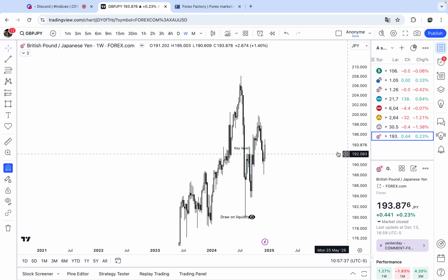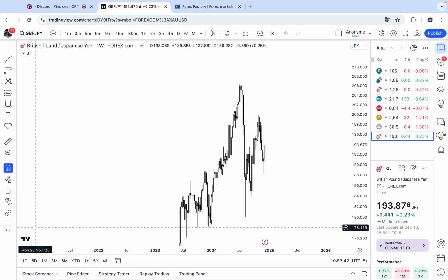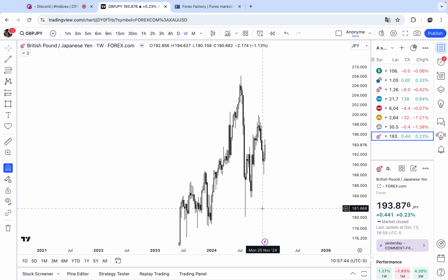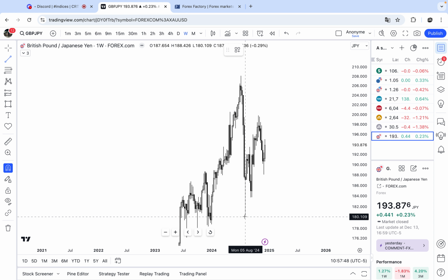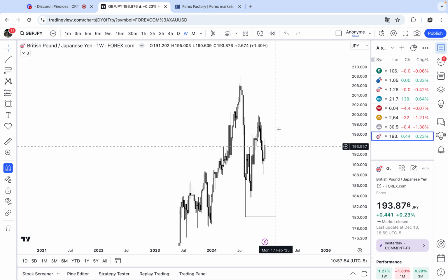A quick example: if the only key level on the weekly was maybe this low, it's pretty far, right?